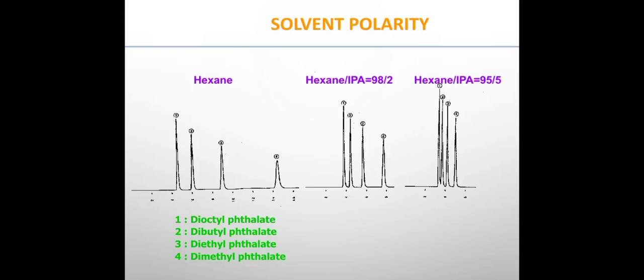In second, hexane and isopropyl alcohol 98 divided by 2, hexane and isopropyl alcohol 95 divided by 5. And if we are using a different polarity of the solvent, we are getting a different separation, and we are taking a separation of these three compounds as shown in a graph.